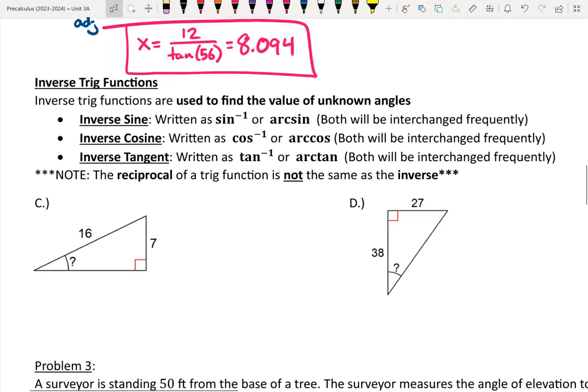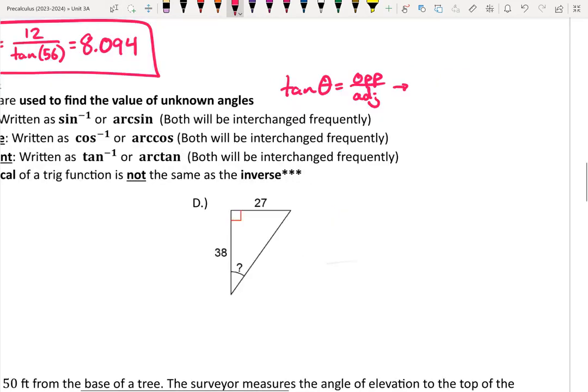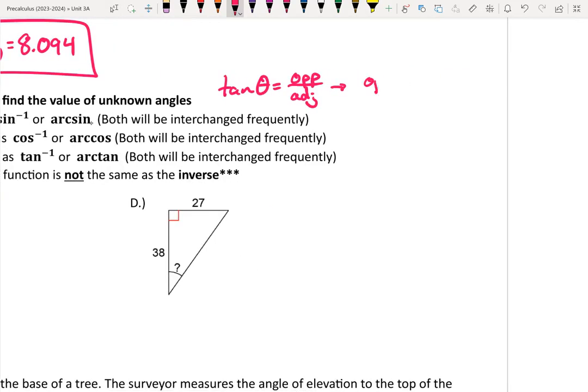Well, if I have tangent of theta equals opposite over adjacent, and if I wanted to know what my angle was, I would use the inverse.